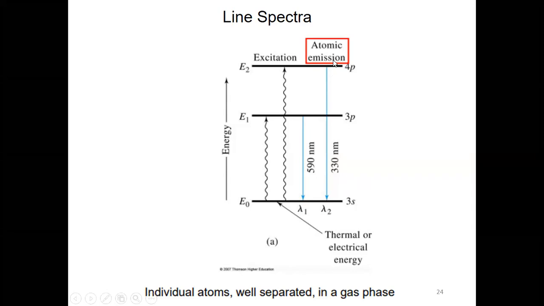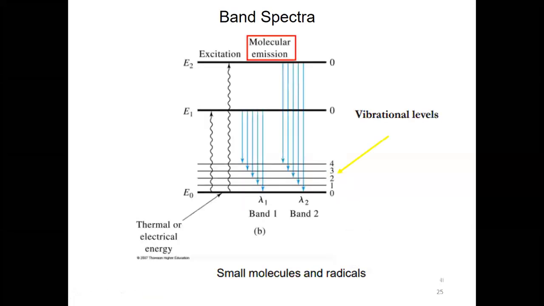For example, in atomic emission spectroscopy, we will be able to see well separated discrete lines, right? But when it comes to small molecules or radicals, we will not be able to see lines. Instead of lines, we will see bands.